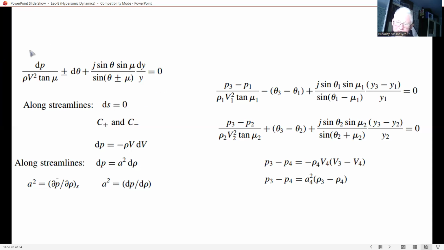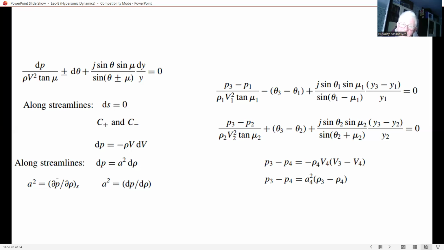In this upper equation, the plus and minus signs correspond to the C plus and C minus characteristics, respectively. And J equals 0 or 1 for two-dimensional and axisymmetric flow.